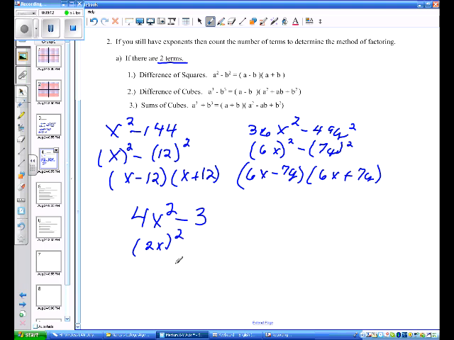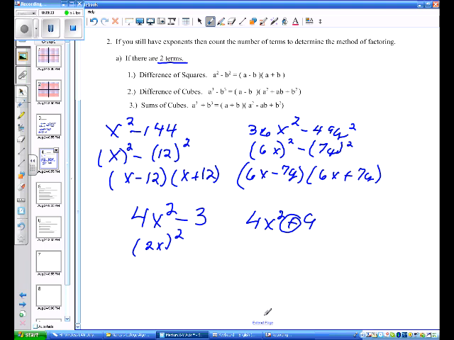So we can't factor it. If we had 4x squared plus 9, well, we can write both of these as perfect squares, but it's not a minus sign. So we're not able to factor it. It has to fit the pattern of a perfect square minus a perfect square.